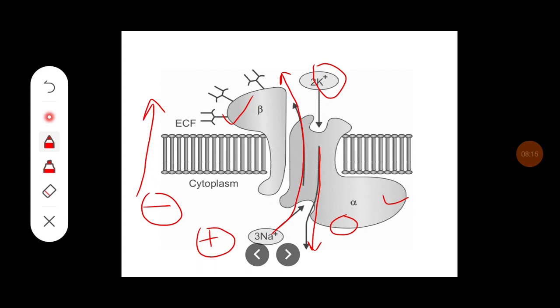That is how the sodium potassium pump also helps in the regulation of the volume of the cell. Another function is that because of the ATPase activity, the heat which is released is very important for the cellular functions.